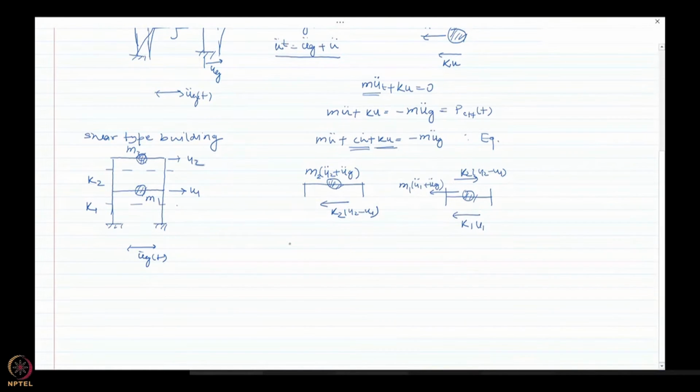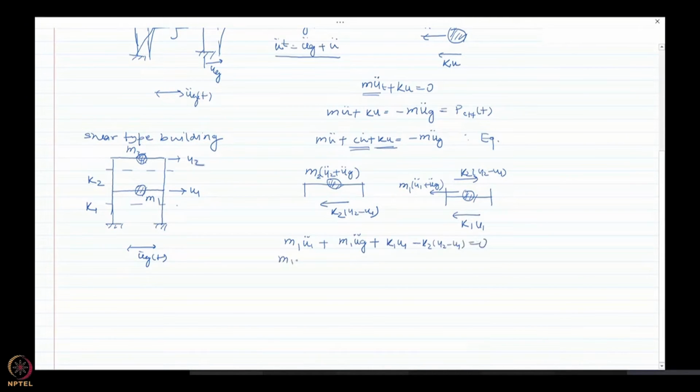It would be m1 u1 double dot plus m1 u_g double dot plus k1 u1 minus k2 times u2 minus u1, that should be equal to 0.